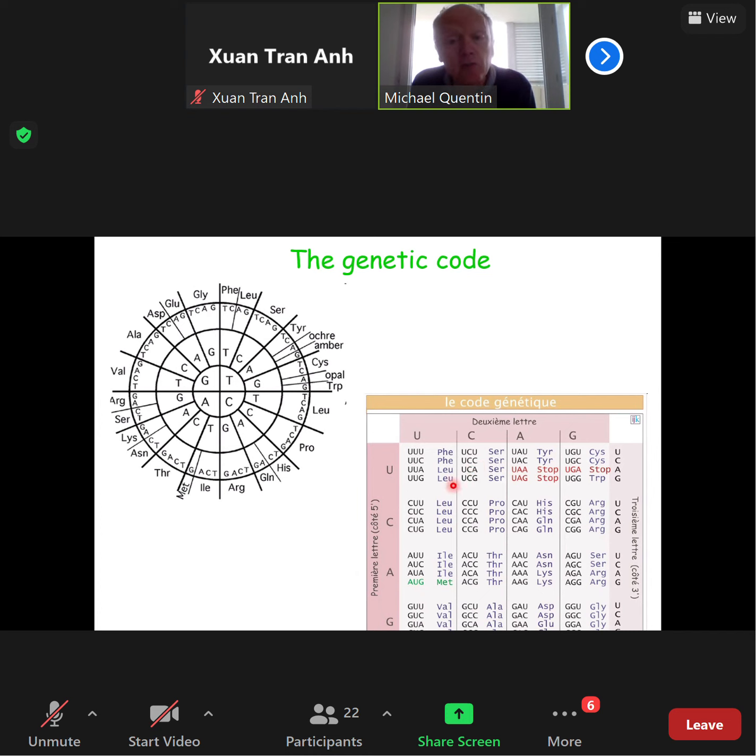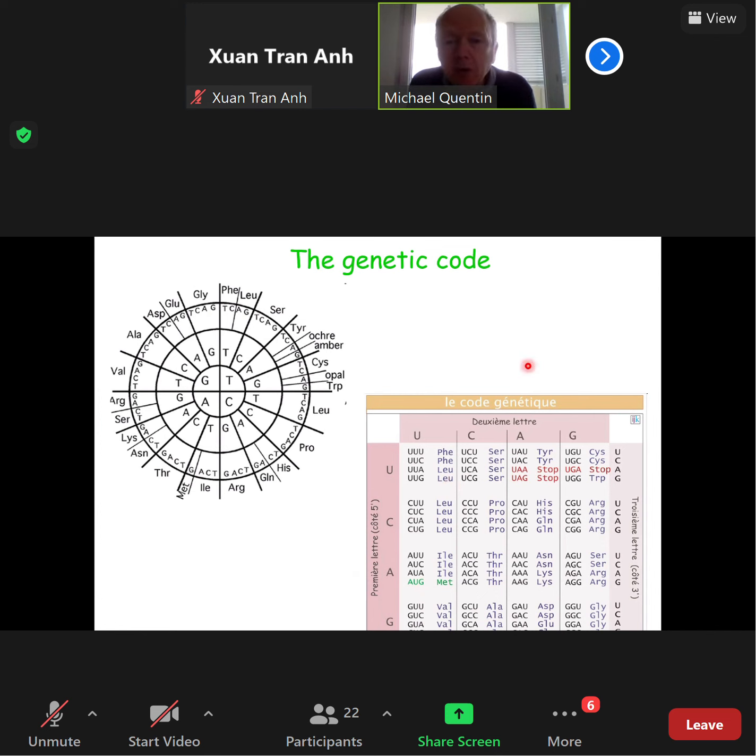UUG is encoding for leucine. Remember this: the messenger RNA will be read by the ribosome, and it will allow translation of the nucleotide sequence into an amino acid sequence, and the amino acid sequence will constitute the protein.